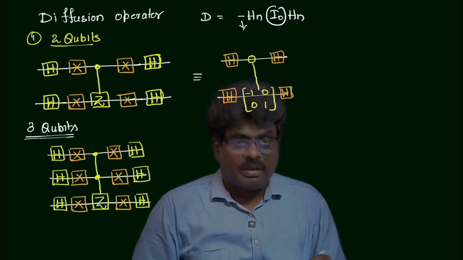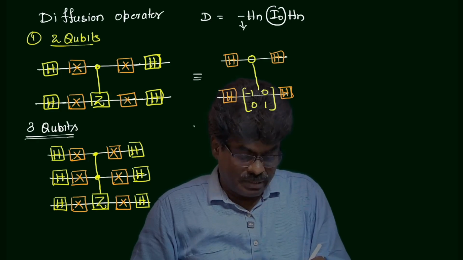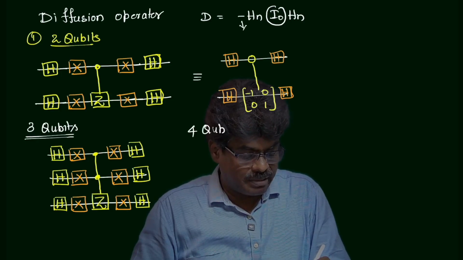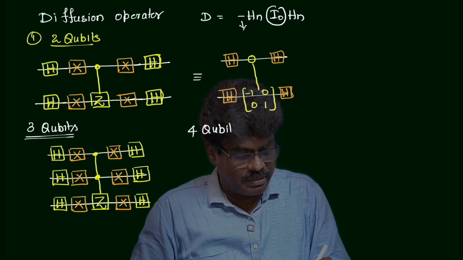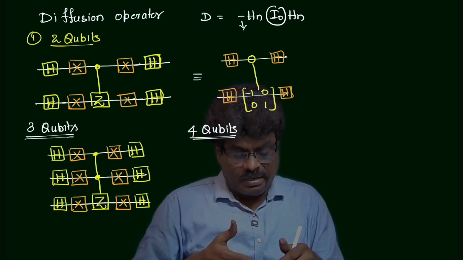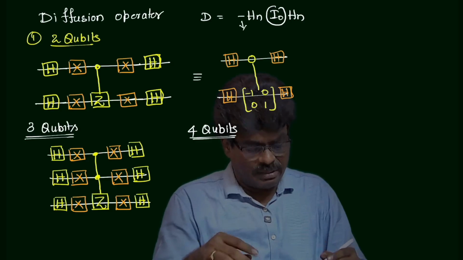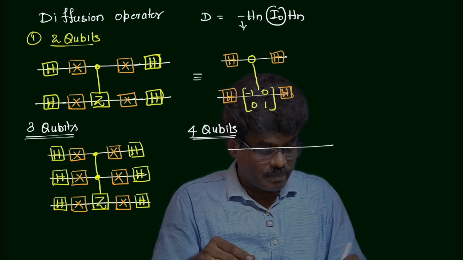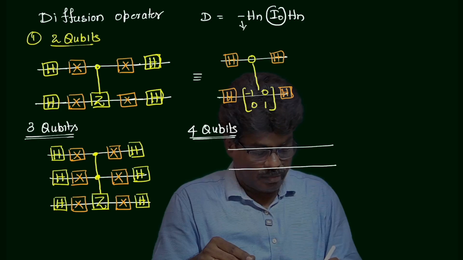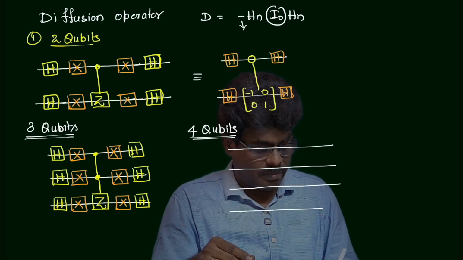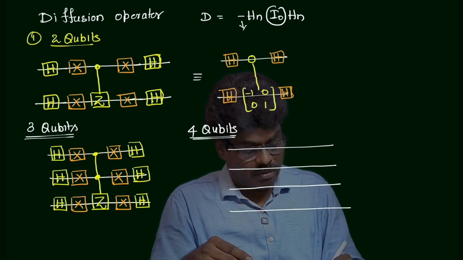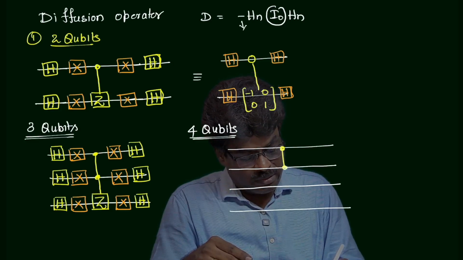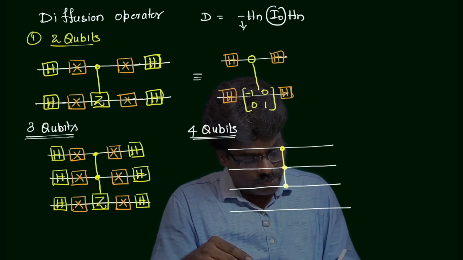And if you want 4 qubits, I hope you understand. This is easy only. If you want, you can write it as anti-control. Otherwise, leave it. No issue. So control, and here.